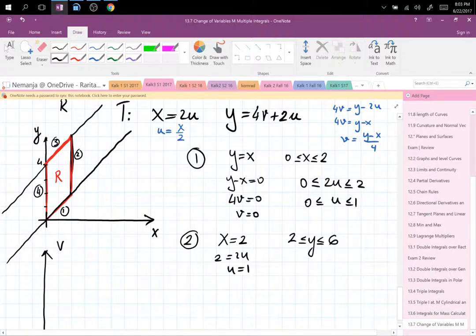And y, what's y equal to? Y is 4v plus 2u. Can I do this in any better way?